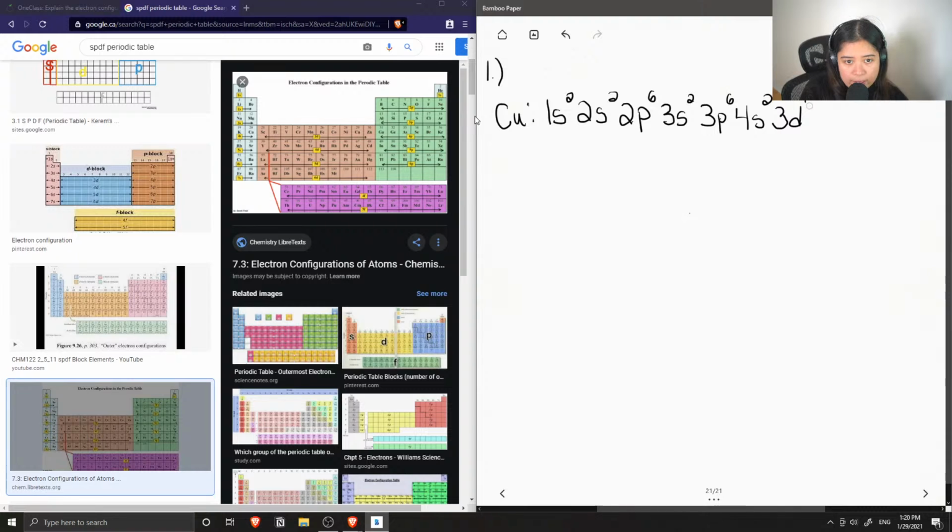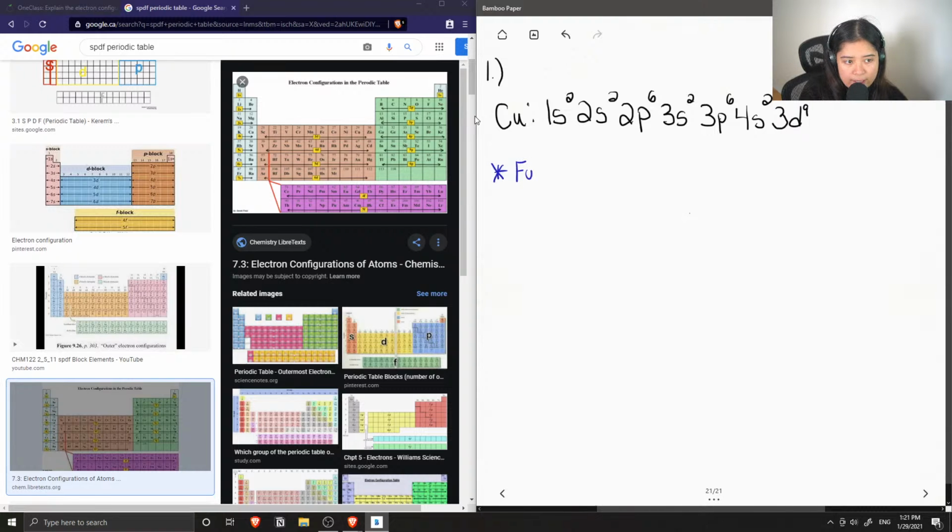Okay, so here we have the initial electron configuration for copper. That's a 9. But typically, the 3d orbital becomes lower in energy than the 4s orbital when we have transition metals. And it's more likely that we are going to fill in this d orbital than we are to fill in the 4s orbital.